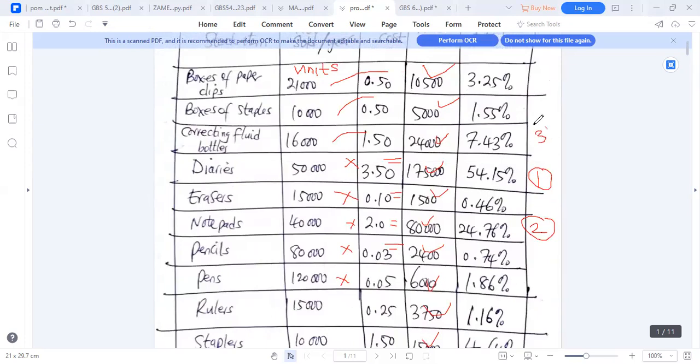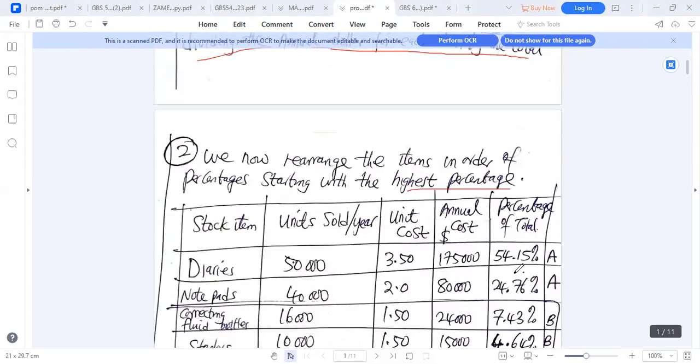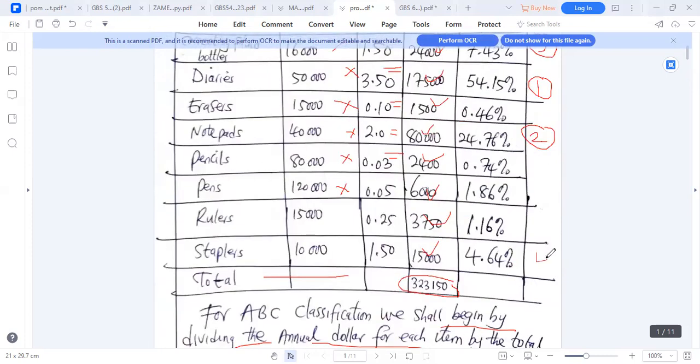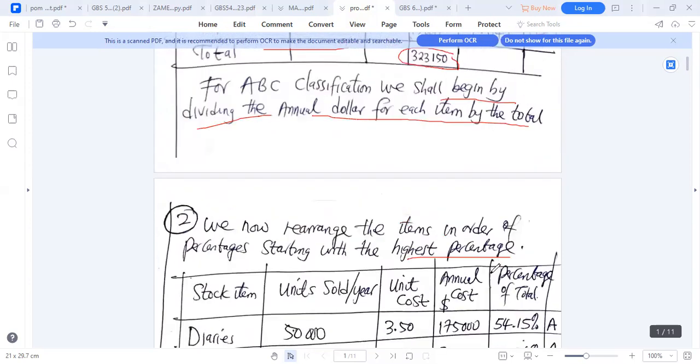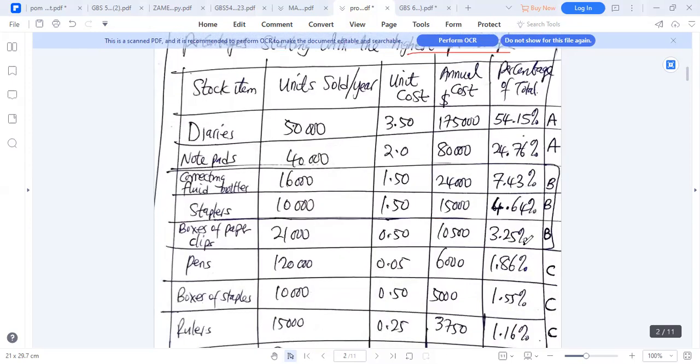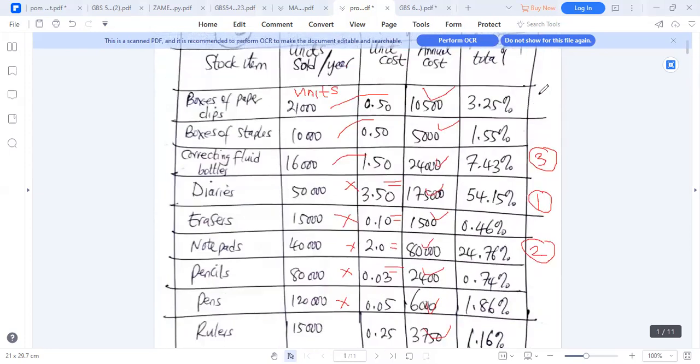Then the next one is 4.6, which is number 4. Then the other one we need to look at is 3.25, according to the ranking of these percentages.